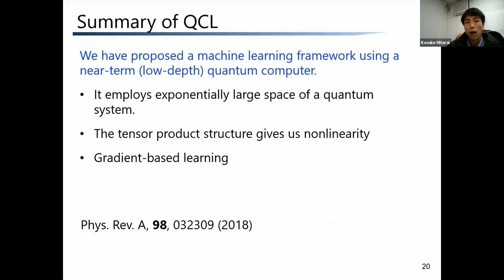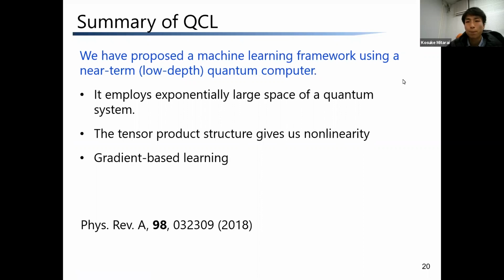So this is all I have for quantum circuit learning. In the quantum circuit learning paper, we proposed a machine learning framework using a near-term, low-depth quantum computer. It employs the exponentially large space of the quantum system, and the tensor product structure gives us nonlinearity and even universality in some sense.